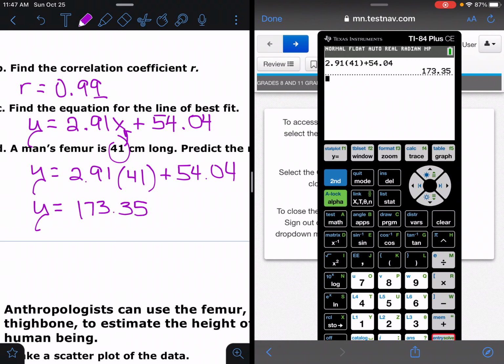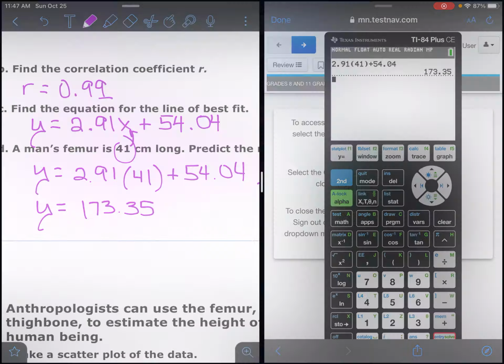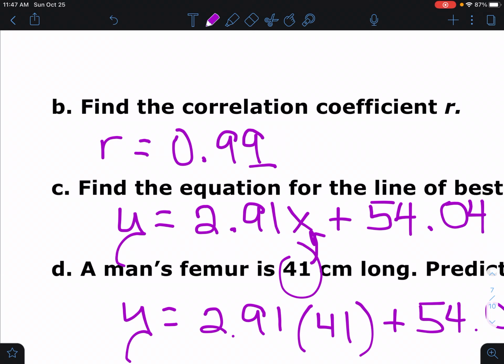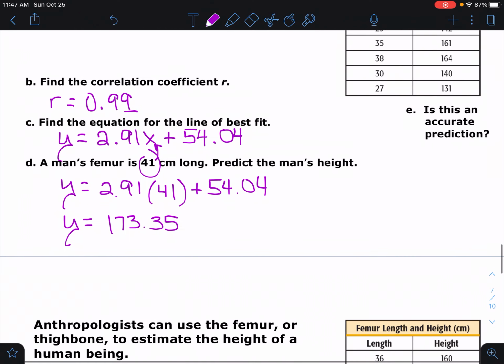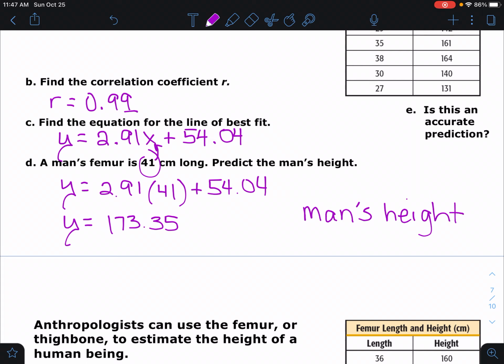So that means the man's height was 173. I'm going to close out the calculator now so we have this full screen. So the man's height is 173.35 centimeters. Okay. All right. So this is my answer for that part.